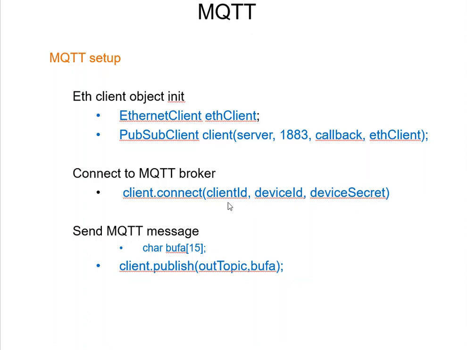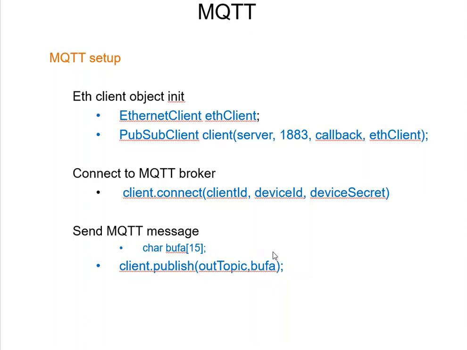These are the parameters that we have to give to the function. And when the connection is established, we publish the message, sending the messages, and that is done with the publish function. The parameters for the publish function are the topic and the message itself. Here, this is the topic and this is the message.